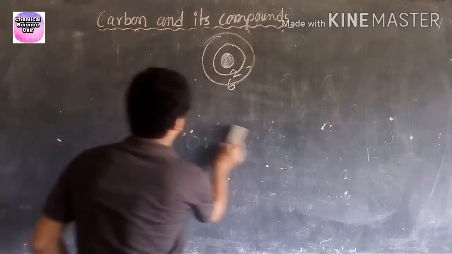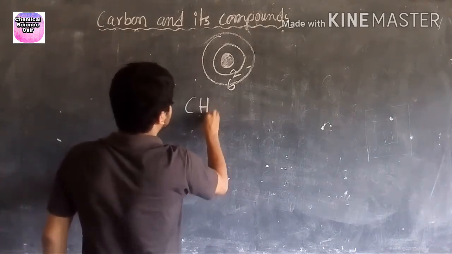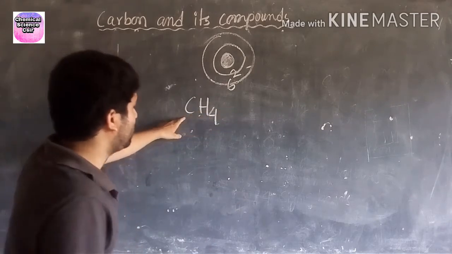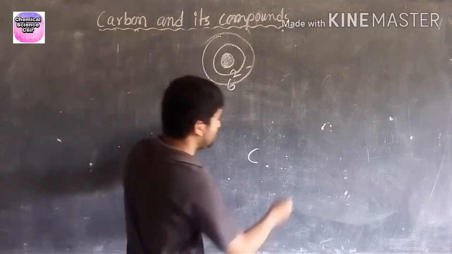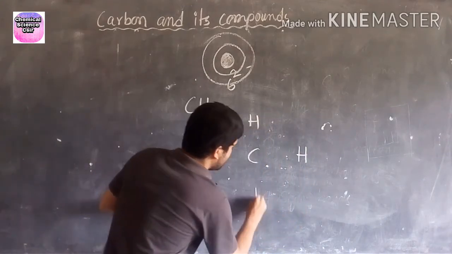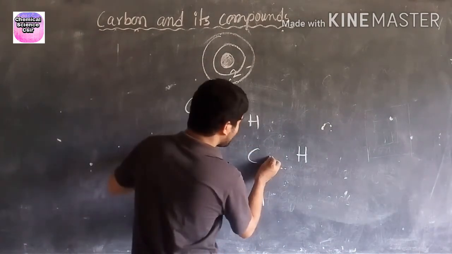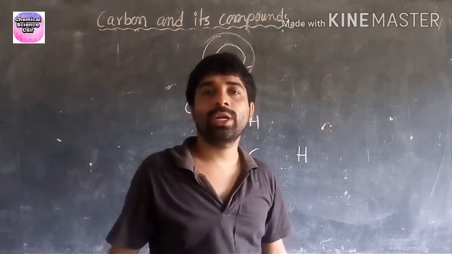One more example, methane. This organic compound is methane, CH4. Now, you can write carbon, and 4 hydrogens: 1, 2, 3, 4. How many electrons are present in carbon's outer shell?